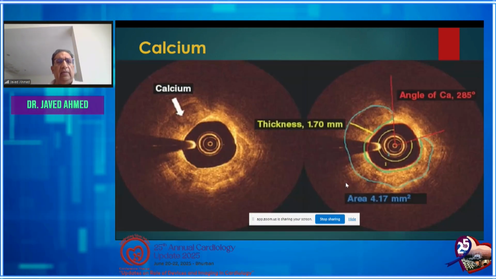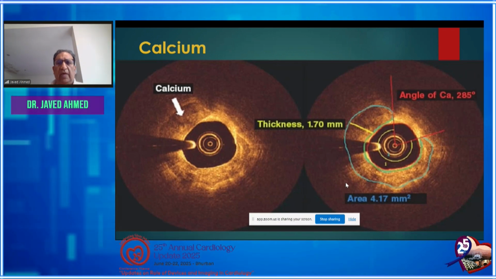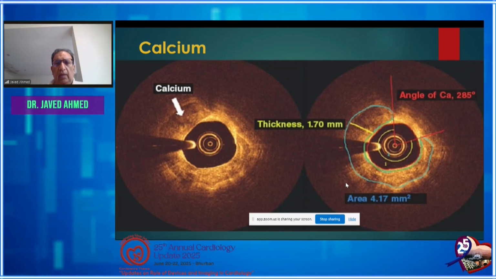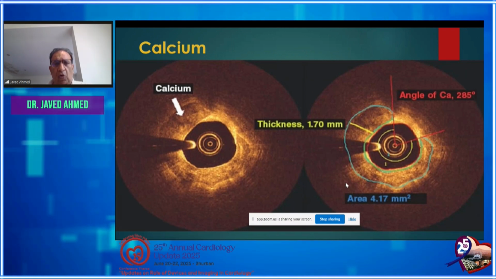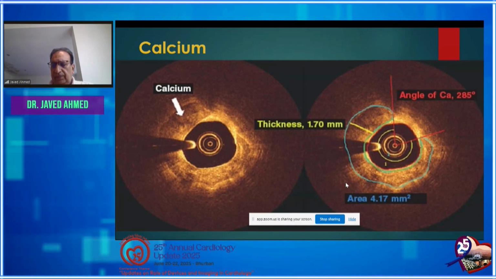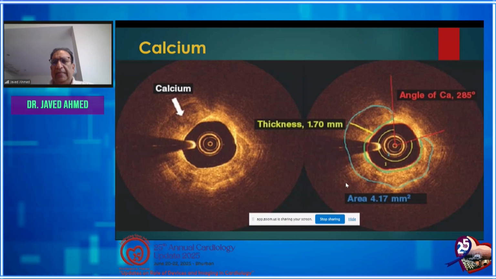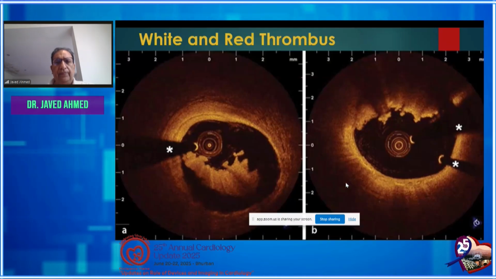And this is an example of what the calcium looks like on OCT. And this is a picture of a sphere calcium with an arc of at least more than 300.